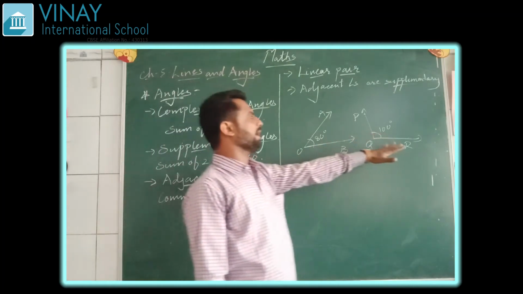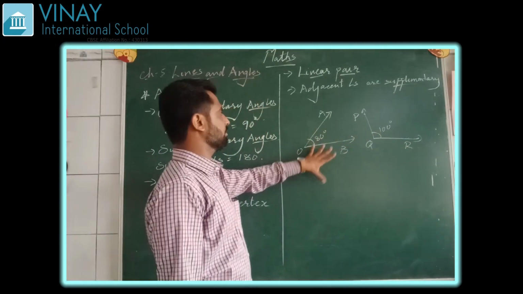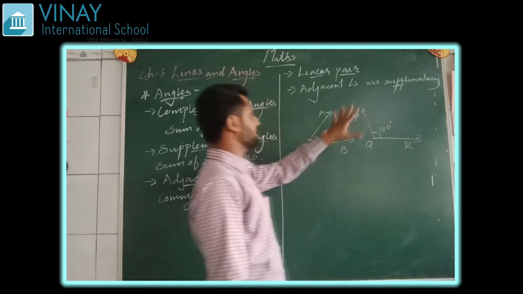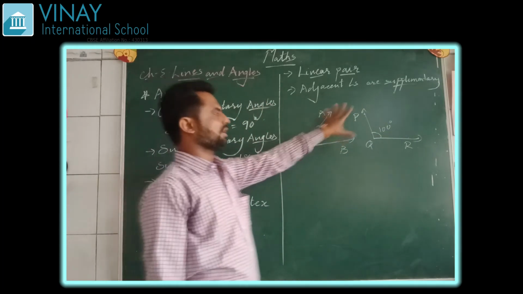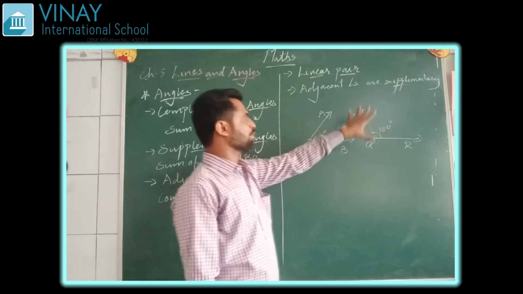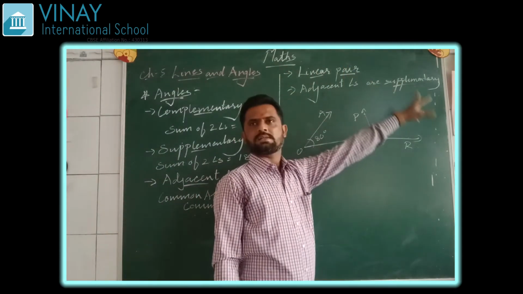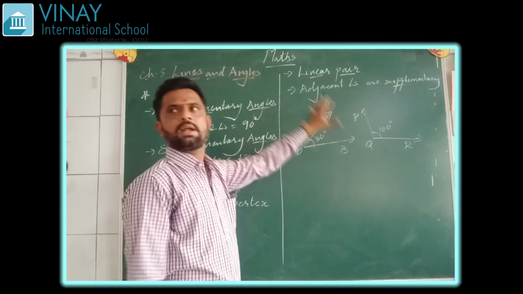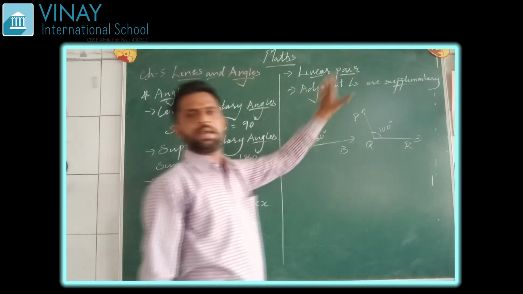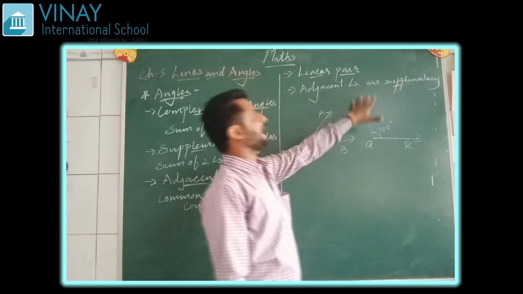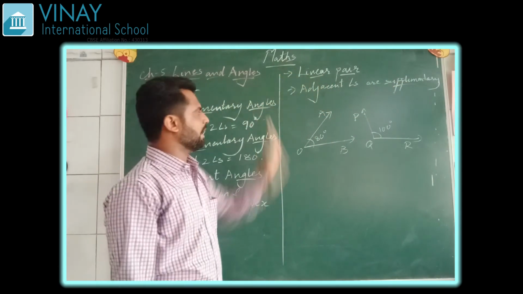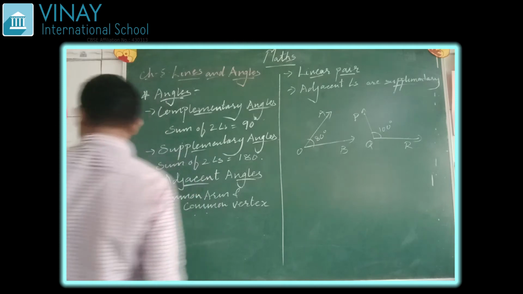No, it can't be a linear pair. It is just supplementary. They are not adjacent angles. So the definition is always adjacent plus supplementary. The two angles should be adjacent also and supplementary also. Then and only then it will be a linear pair.